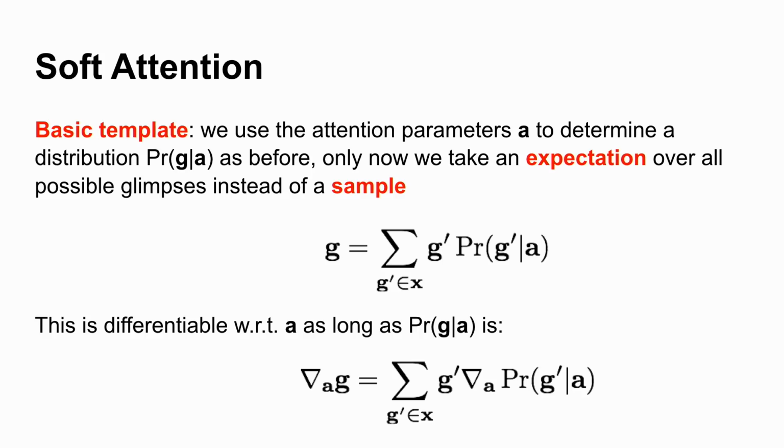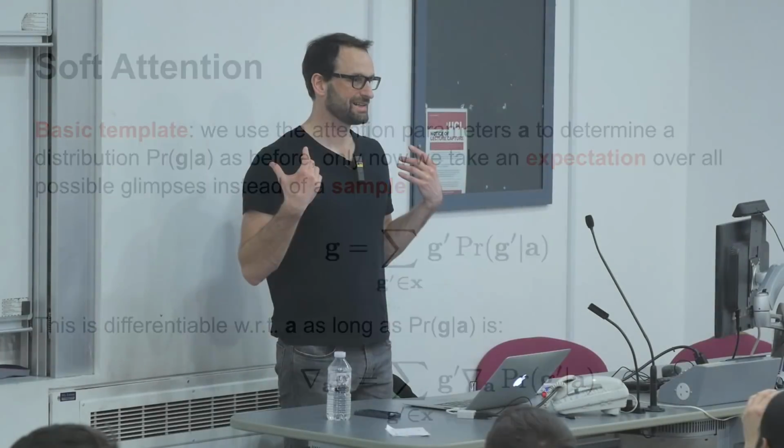So if you stochastically pick samples from this distribution, then the best you can get is a stochastic REINFORCE-style gradient. If you take the expectation, on the other hand, and so if your vector G is now this weighted sum where you weight over the possible glimpses times the probability of that glimpse under your distribution that you get from A, then you directly can differentiate that with respect to A. You get a gradient with respect to your attention parameters.